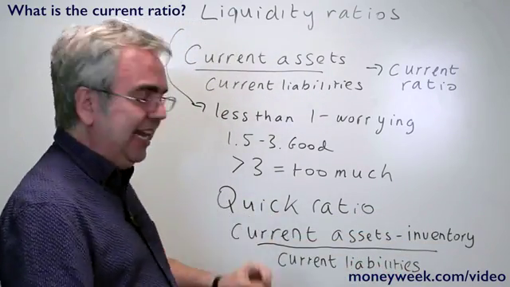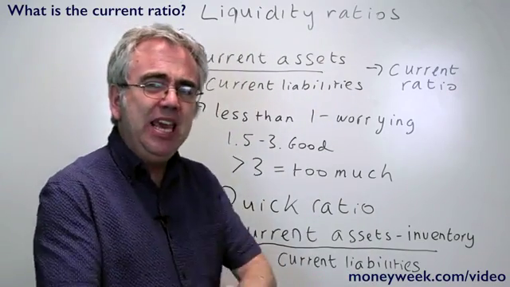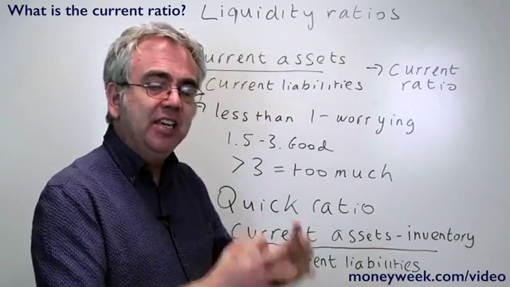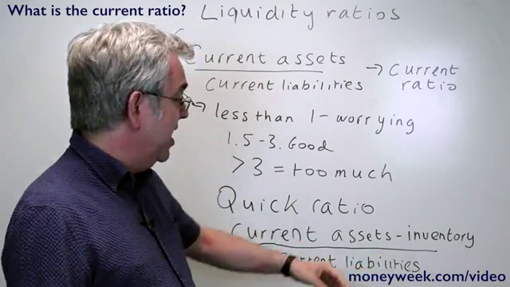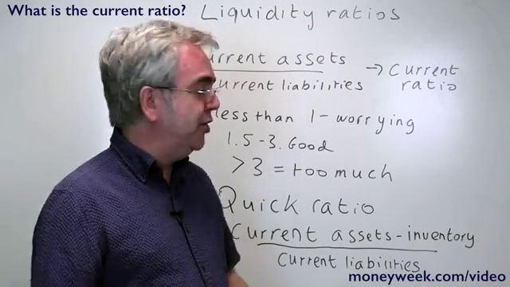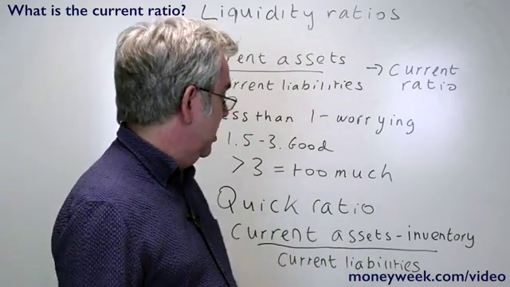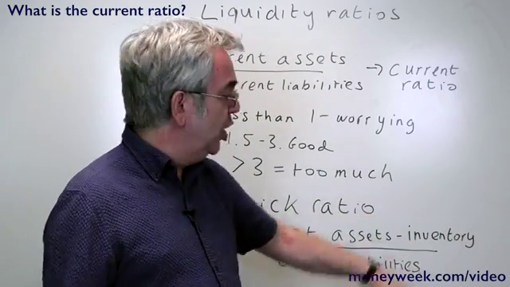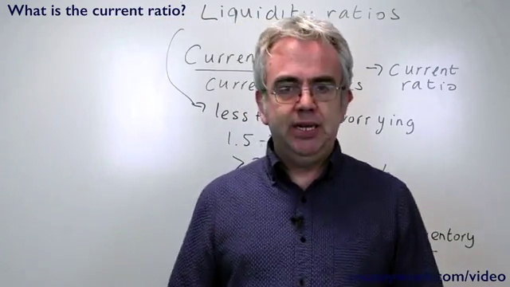So this is telling us a more sort of rock hard, certain ratio, so you can be even more confident that a company has enough assets to get through the next year. So if the quick ratio is over 1, you really don't need to worry, because the inventory issue doesn't come into it. There's enough assets, excluding inventory, to pay those current liabilities.